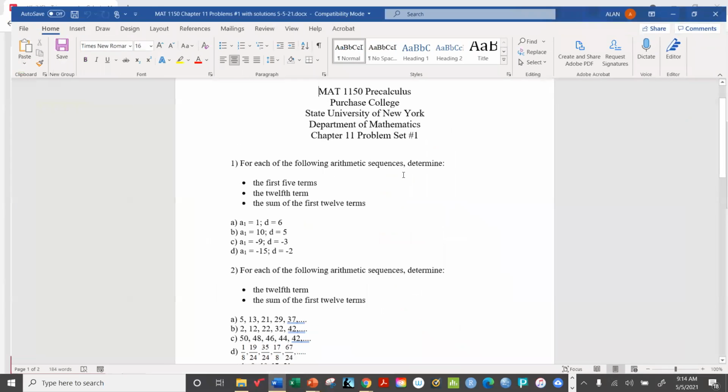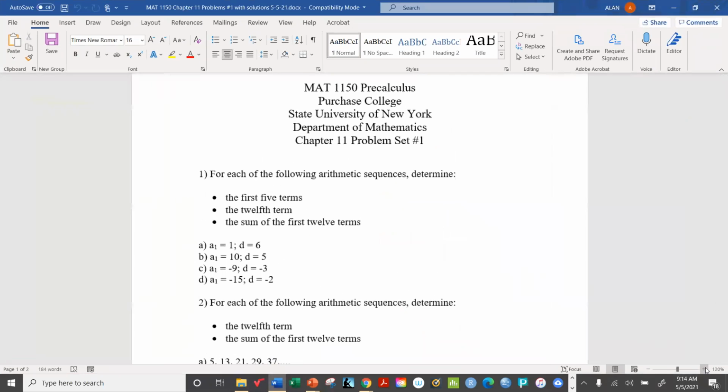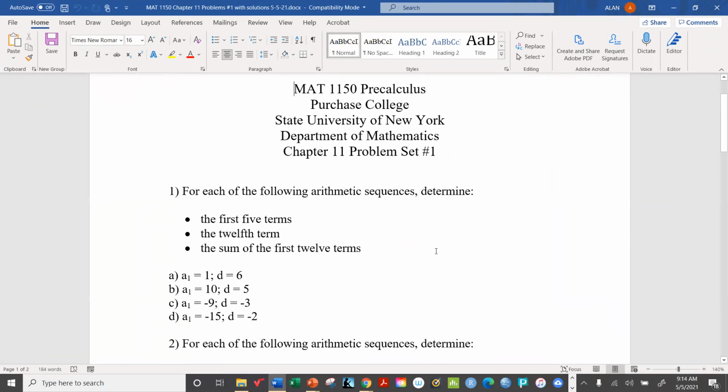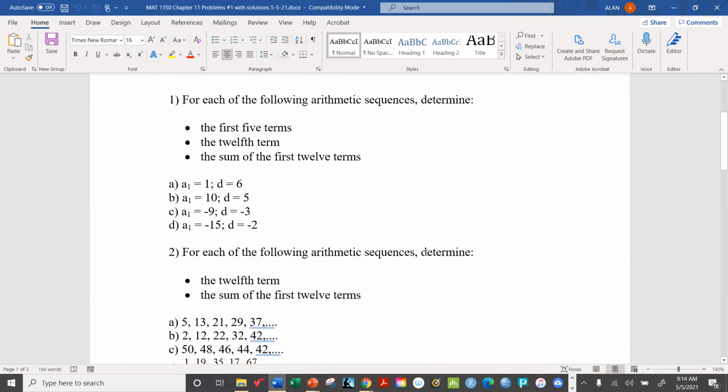Now, for these, you might recall that a sequence is a list of terms with a specific pattern between them. Okay, so that's the key. There's a pattern of some kind. And the pattern determines whether it is a geometric or an arithmetic sequence. How can you tell them apart?